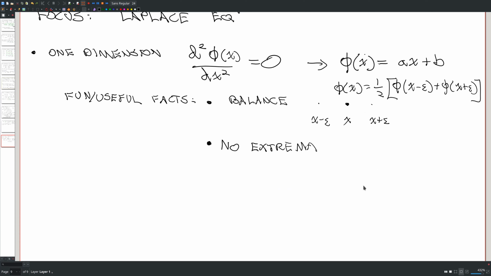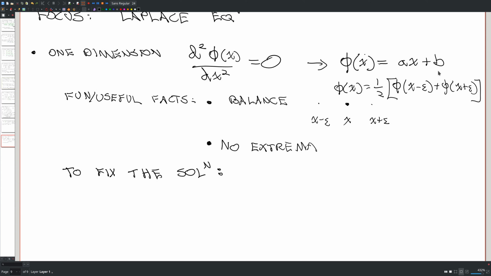So in order to fix the solution, what do I need? I need information, and this information can come from various sources. To fix the solution, you would need to tell me information that is equivalent to telling me what these coefficients A and B are.